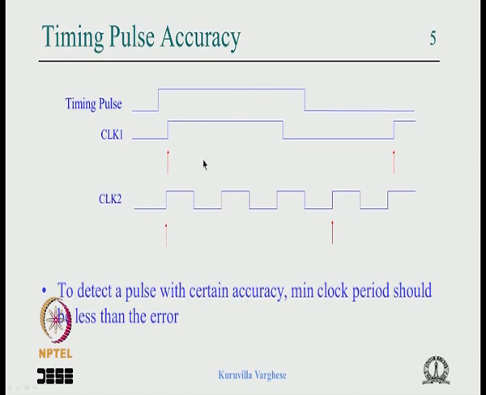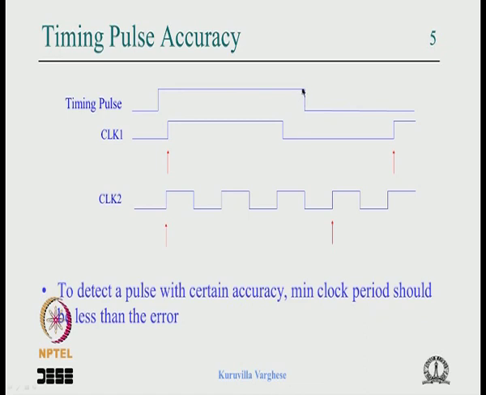In that case, if you use a clock like this, it will detect that the signal has gone high here and that it has gone low. That is perfectly okay if we are just trying to recognize that it has gone high and gone low, but if you need some precise timing to be measured, then this clock is much better, because this clock detects that it has gone low after such a long time, but this one is much faster.